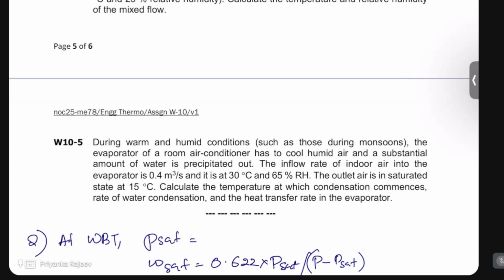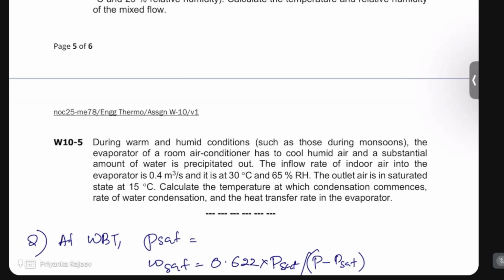So ambient pressure minus Psat times relative humidity, yeah, relative humidity times Psat. If you're taking that, you'll be getting W in. W out also the same way. Psat temperature will be varying. That is the only difference. Then if you take the delta W, then you will be getting the moisture removed.